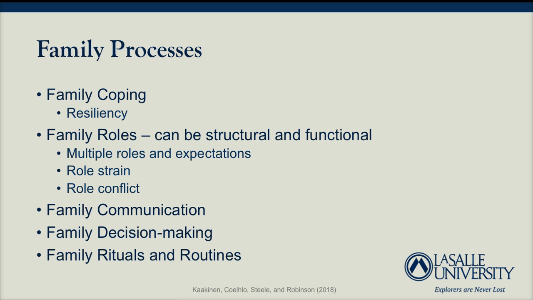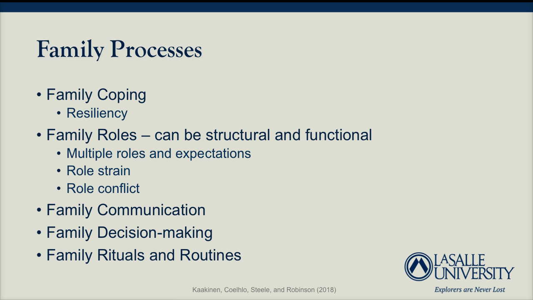And functional roles help families achieve tasks: breadwinner, housekeeper, cook, organizer, decision maker. So some family roles can be affected when a family member becomes ill, and nurses can help families adjust to illness by helping them to adjust to role negotiations and accessing outside resources.